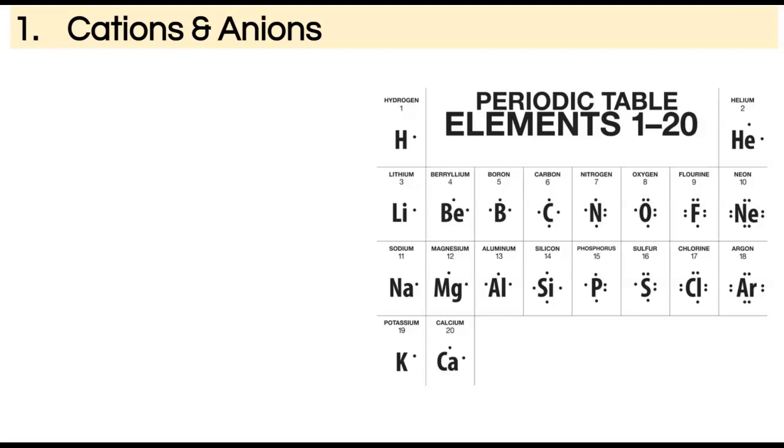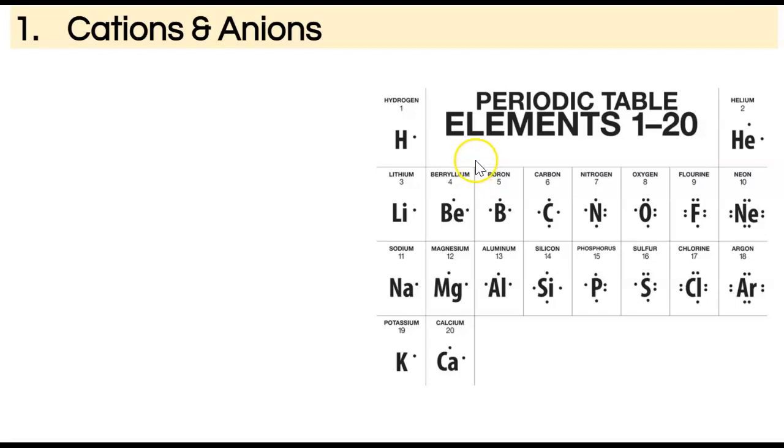We're simply going to know the trends: every element in the first group has 1 valence electron, and every element in group 2, the alkaline earth metals, will have 2. Now we're skipping over the transition metals in between here, folks. We do not touch those until grade 12 mostly, so we're skipping over them.